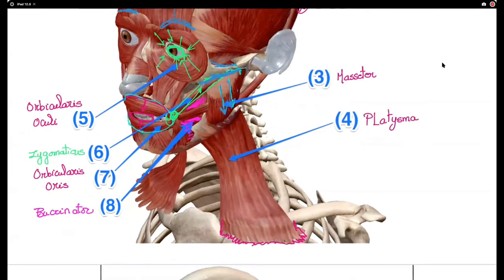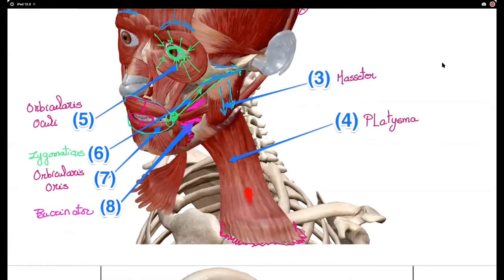Looking on here, number 4, this was a flattened muscle that gets its origin from the first ribs as well as the clavicle and partly from the sternum, travels upwards to be inserted in the lower margin of the mandible. This was my platysma. And if you remember, the platysma helps a little bit with the depression of the mandible, although you don't need a muscle to allow the depression of the mandible because it moves down by the effect of gravity.